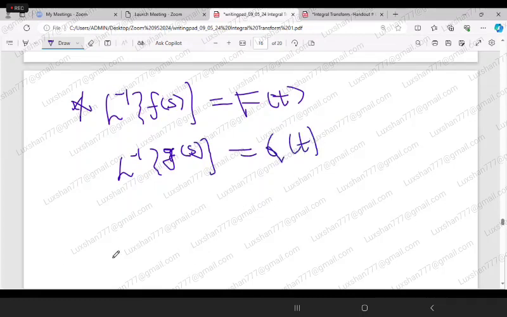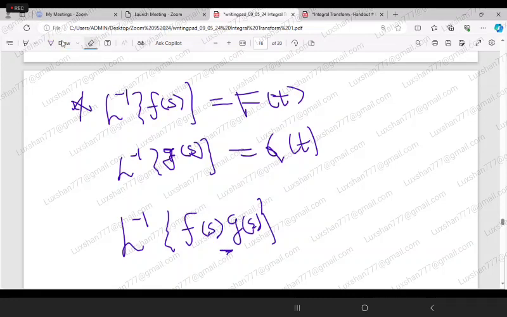Then we want to find the inverse Laplace transform of the multiplication of F(s) into G(s). This is not convolution, this is ordinary multiplication, don't misunderstand. This is just our usual multiplication.